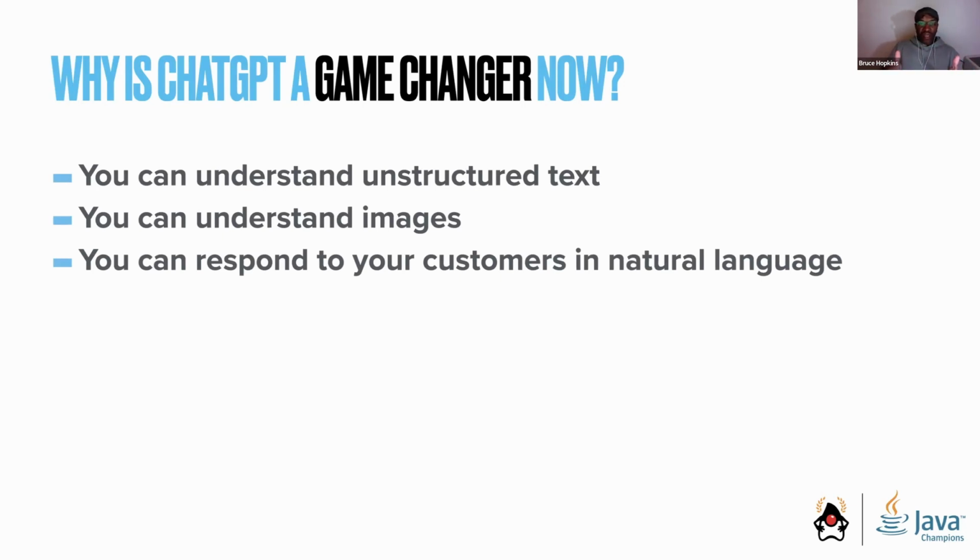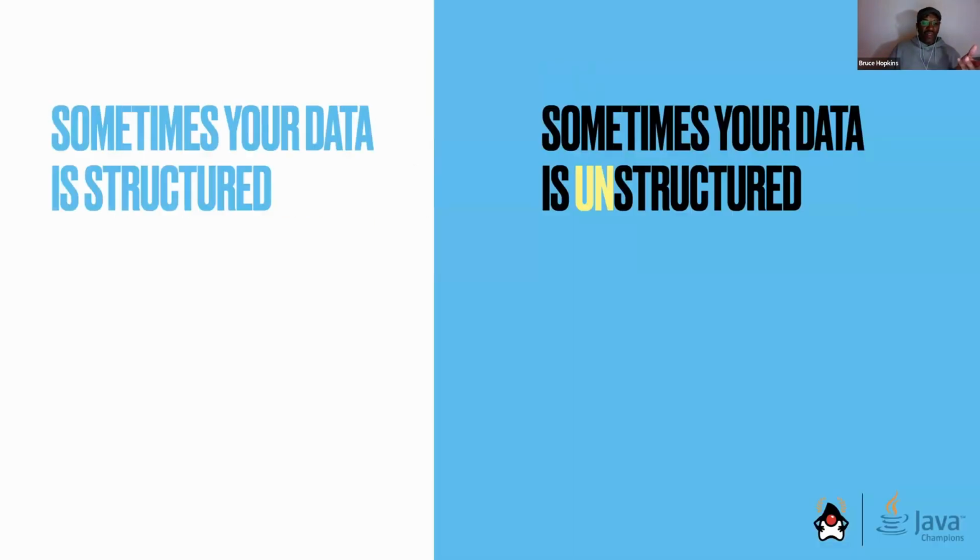So before, we would have to use various tools to understand what a customer is saying, and then also other tools to help respond back to that customer if you wanted to use natural language. For the most part, we don't really do that in our applications, but now we can do all these things.